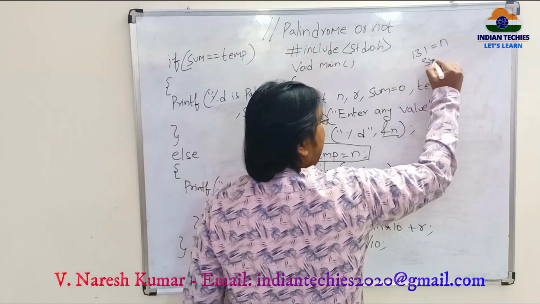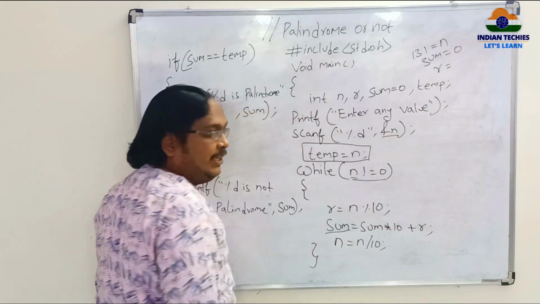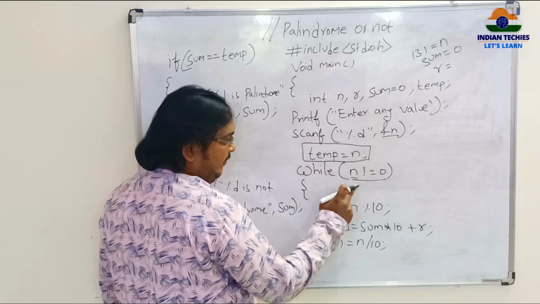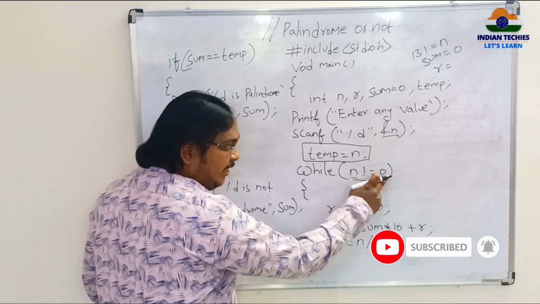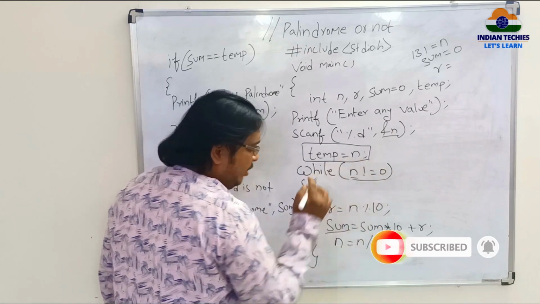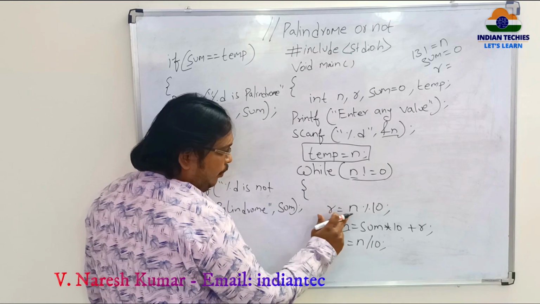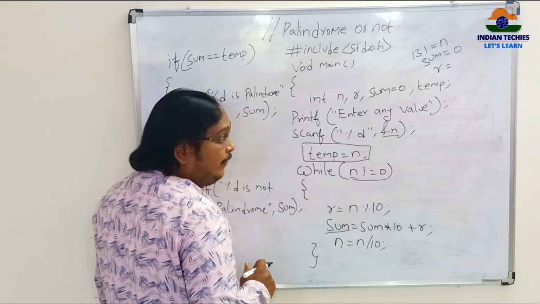So initially sum is equal to 0 and we don't have any r value, that is remainder, initially. Now enter any value. I have entered 131. 131 not equal to 0 as n is 131. Yes, it is not equal to 0 and you go inside the loop. R is equal to n mod 10, that is 131 mod 10. What will be the remainder?